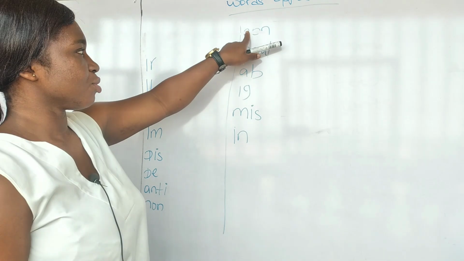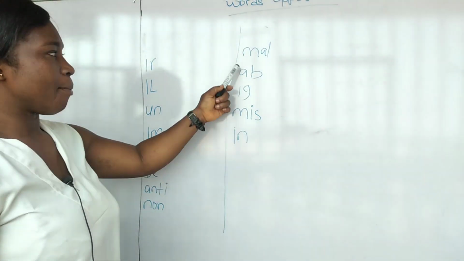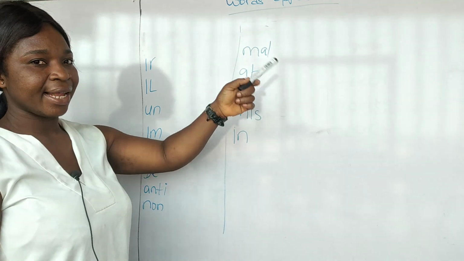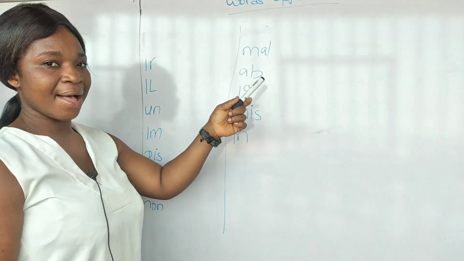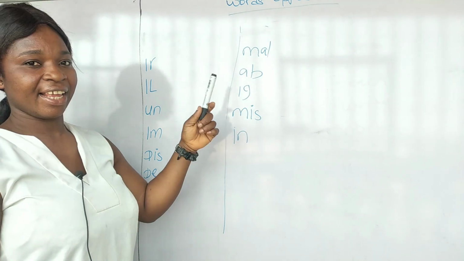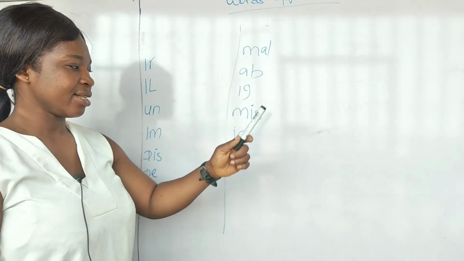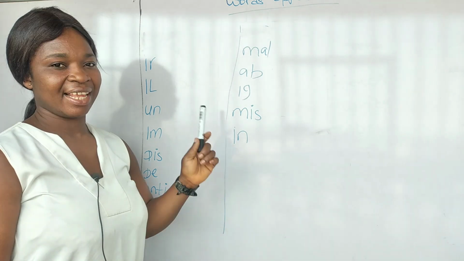We have it too, so we eliminate this one. Moving on, we have MAL, AB, IG, MIS, and IN.